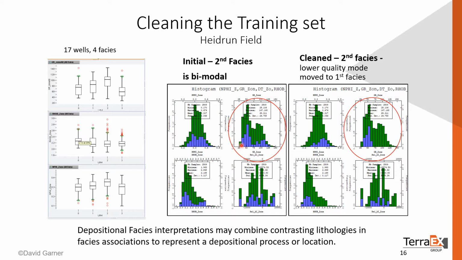So we have low to high gamma, two modes, and on inspecting the logs, I thought this mode should belong with another facies, so I removed it and lumped it with the other one, so I had a more distinct petrophysical distribution for this facies here.